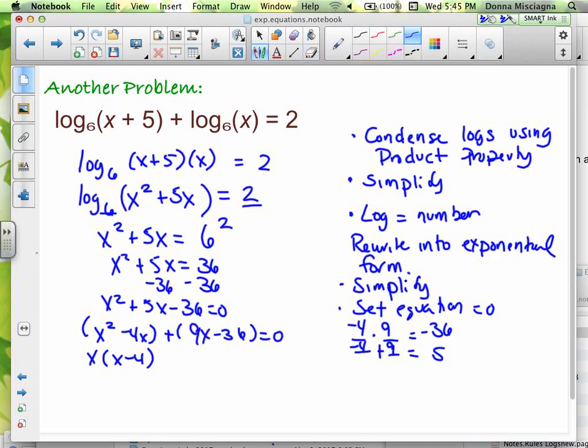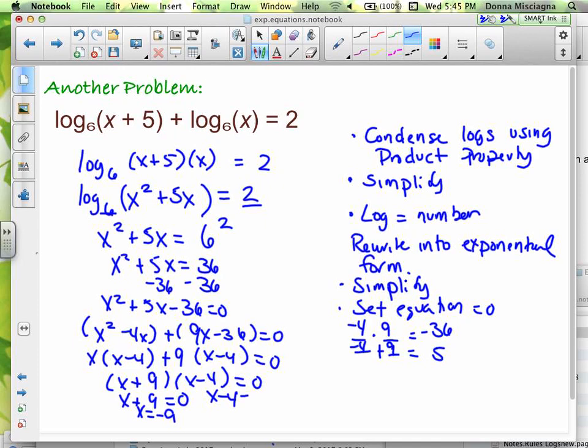Silly me. We'll factor out the 9, and we have x minus 4. And so our factored form is x plus 9 times x minus 4 equals 0. And that means if we set them both equal to 0, if x plus 9 is 0, x equals negative 9. If x minus 4 is 0, x equals 4.